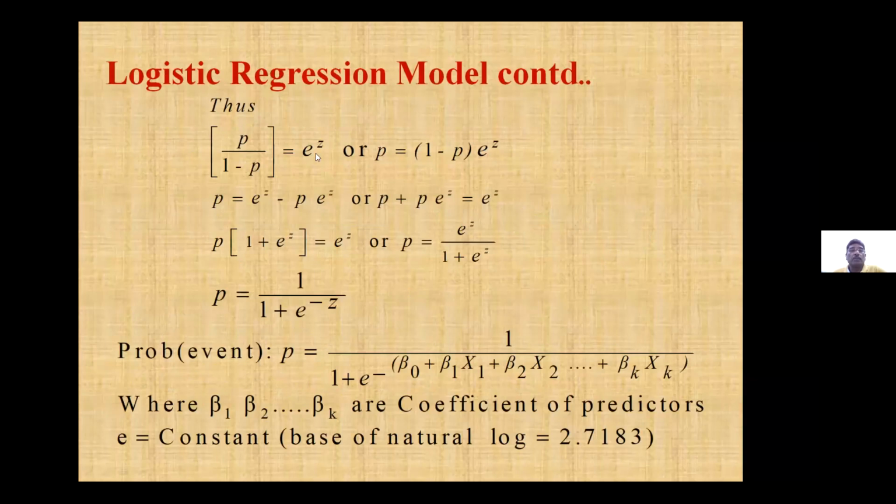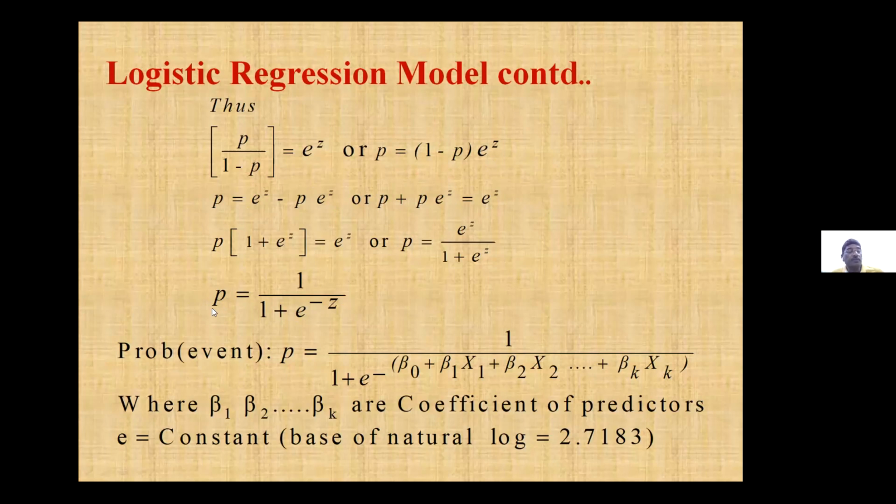In the logistic regression model, P upon 1 minus P becomes e to the power z. After a simple transformation, we have P is equal to 1 upon 1 plus e to the power minus z.